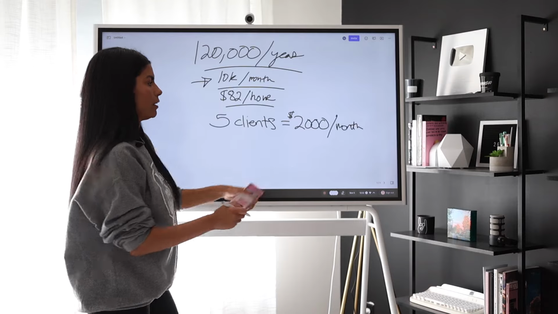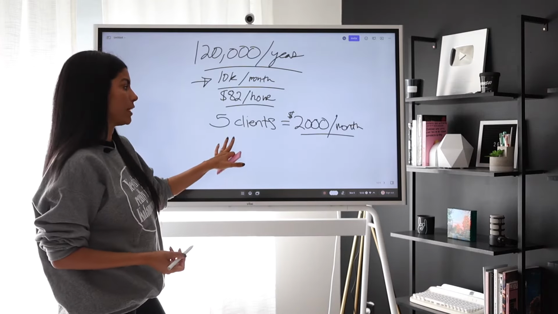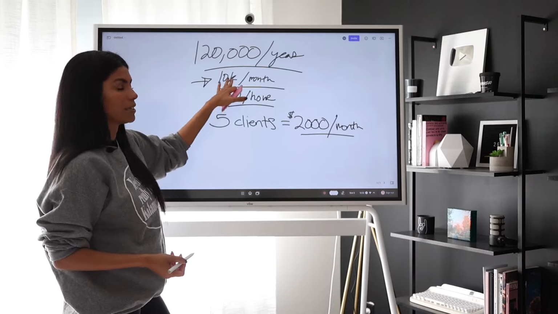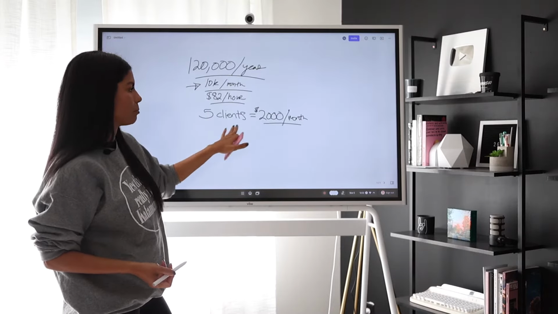So this would be the minimum package rate that we should be charging if we are looking to take on 5 clients and earn 10K a month. Now, we can flex these numbers up or down.